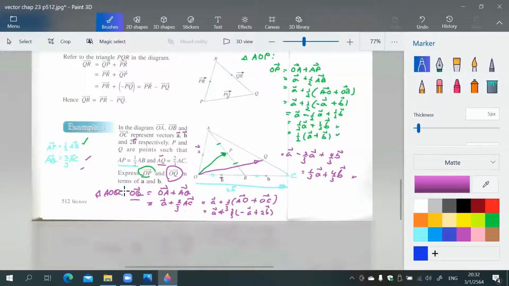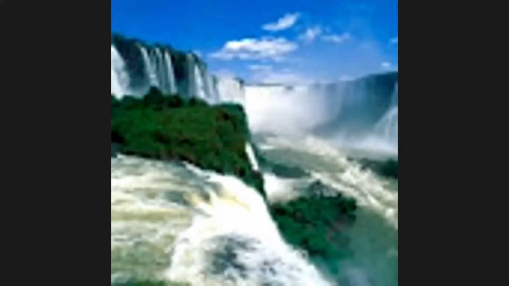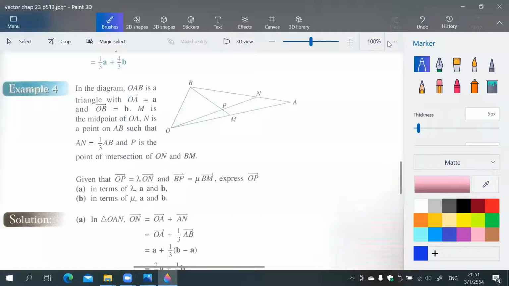Now we go to the next example, example 4, the last example for today.